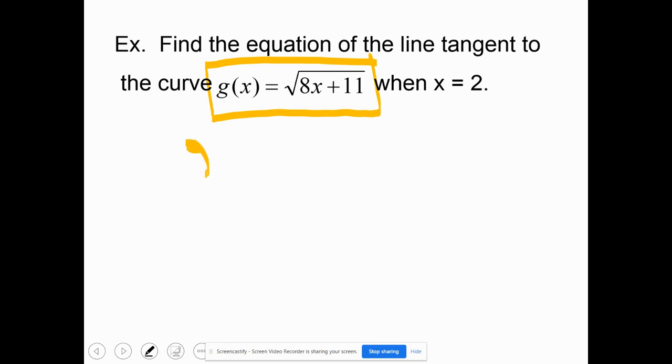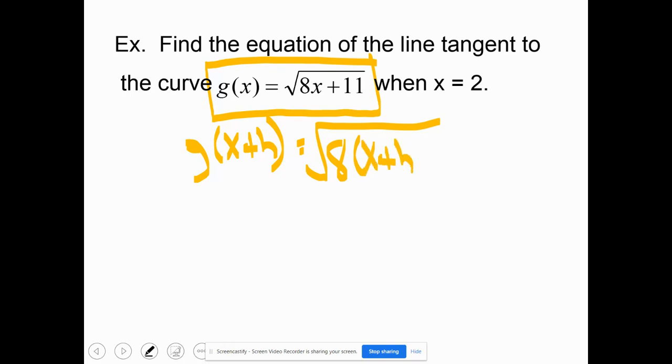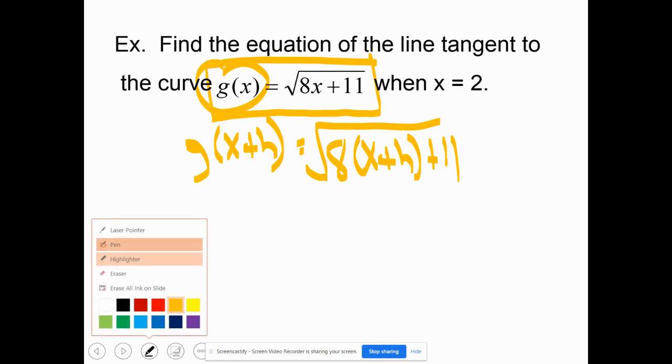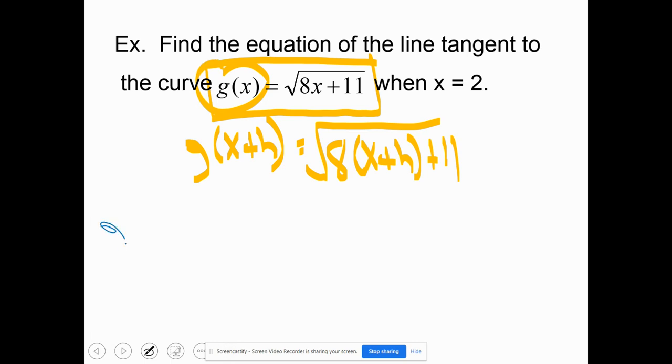There's my g of x. G of x plus h is equal to the square root of 8 times x plus h plus 11. And then I would plug those two into my slope formula. All right, so let's see, we're working a g of x here. So let me go to the pen.